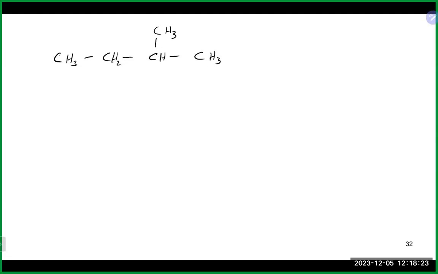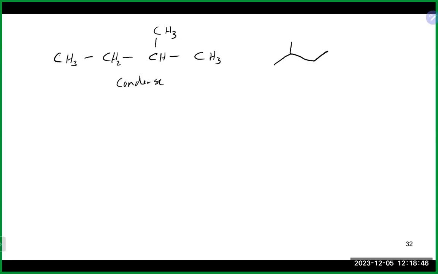If we had an alkane and we wanted to name it, and this is what I just drew here is our condensed formula. We could also draw this as a line structure.